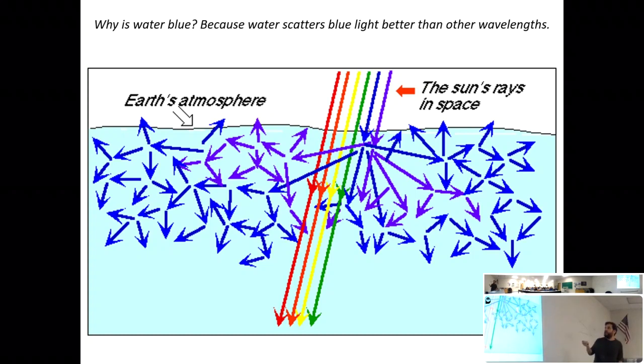Water happens to be much more effective at scattering blue light. So the light that ends up reflecting back to your eye ends up being overwhelmingly blue. So that's why water often appears blue. Okay.